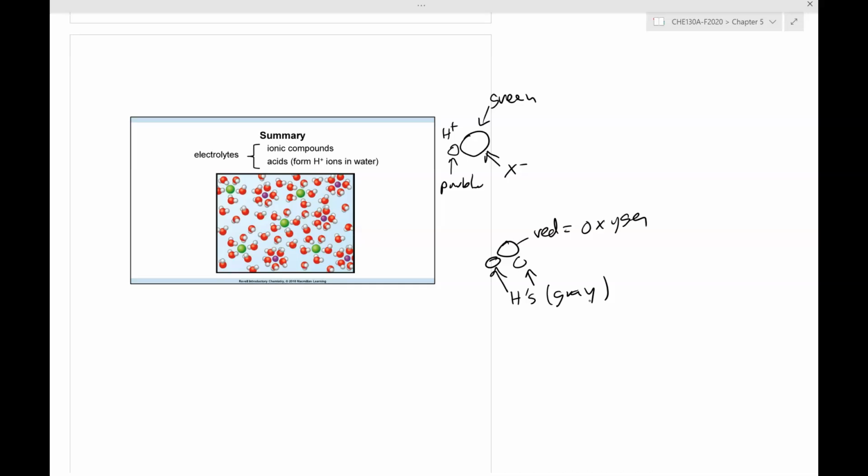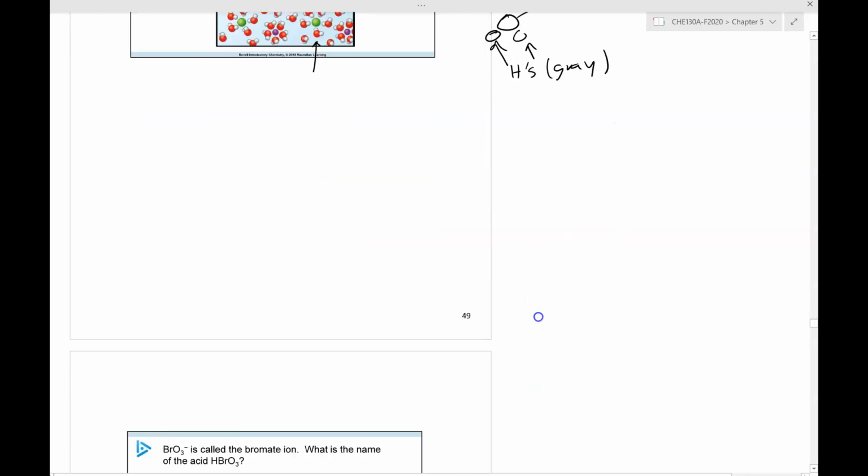So you see up here you've got a bunch of water molecules all pointing their oxygens towards the H plus ion, and then down here you've got a bunch of water molecules pointing their hydrogens towards the green X minus ion, just to give you an example of that.